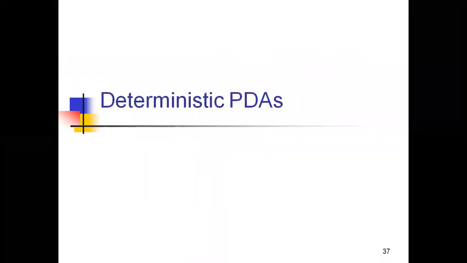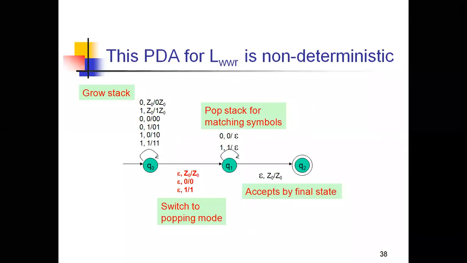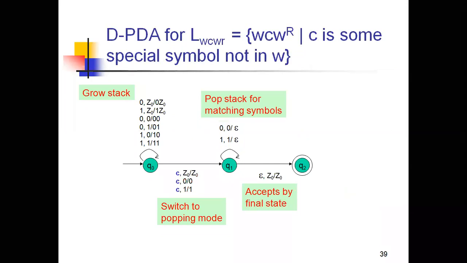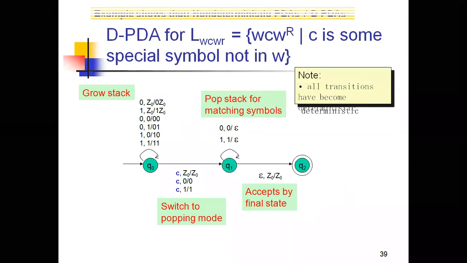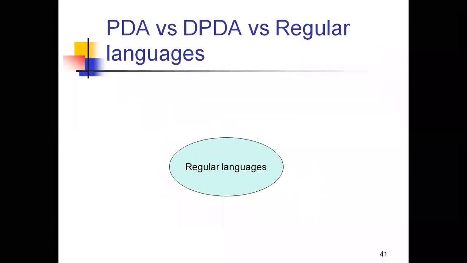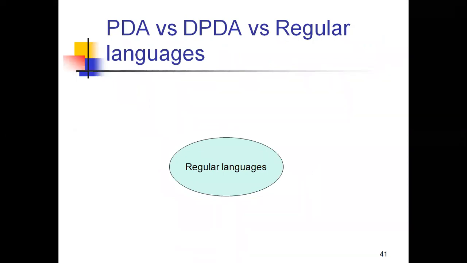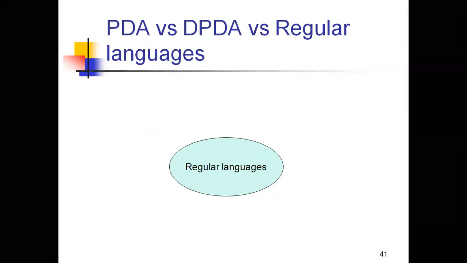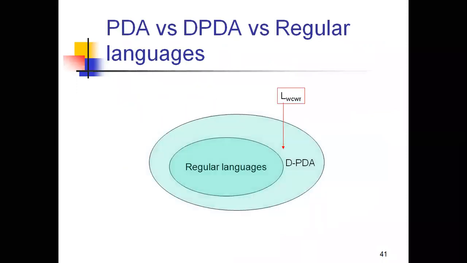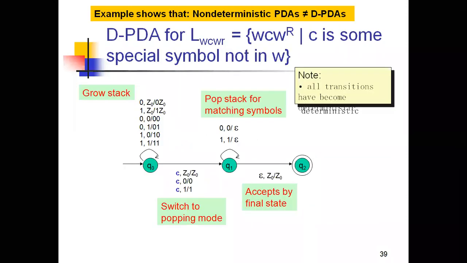That's why I will explain how to do the DPDA, how a language is an NPDA, and how it should be converted into a DPDA, along with the definition of the DPDA. The most important thing is the difference between PDA versus DPDA, and also how they compare to regular languages, with a neat structure. With these concepts, this unit will be completed.